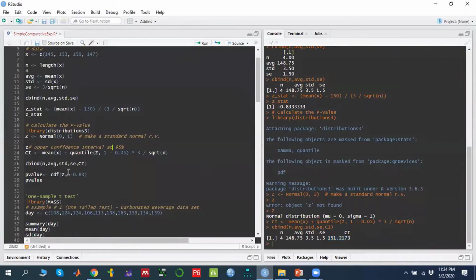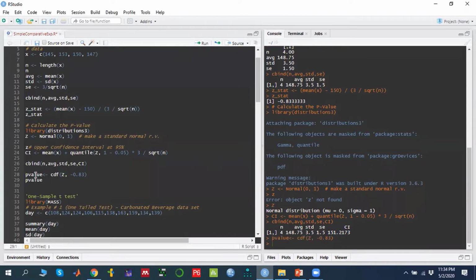The other way is we can use the p-value to make the decision. So how can we calculate the p-value? Right now I'm using p-value as a variable, with the assignment operator. CDF is a function which is called the cumulative distribution function of what? The variable Z, that is a standard normal random variable, comma, the value of Z, which we have already calculated. Okay, so from over here using this one.